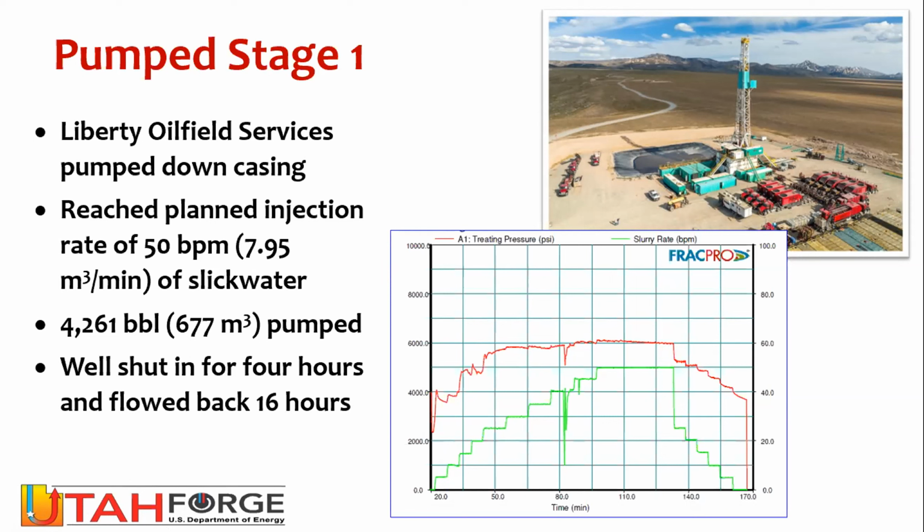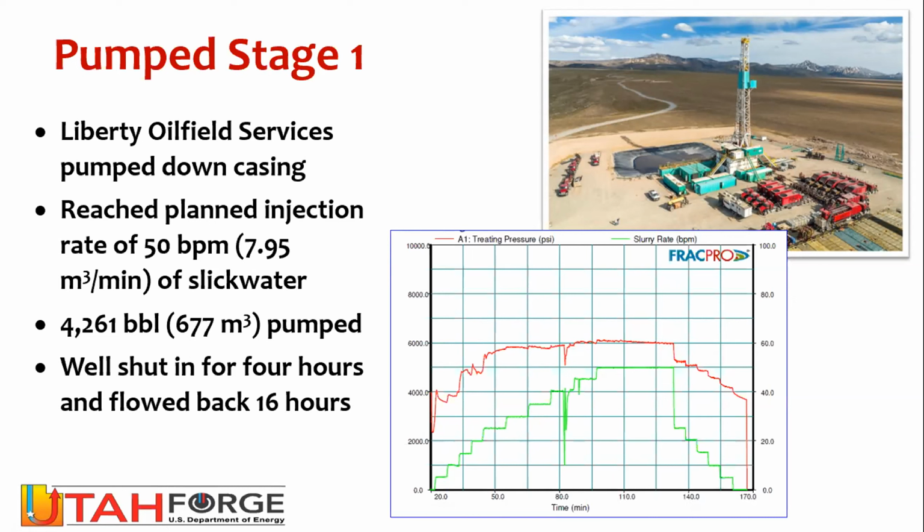You can see from the surface pressure that after about 50 or 60 minutes, the surface treating pressure was relatively agnostic to the rate. This well was shut in for a brief period of time. Our goal here was not to do DFIT type measurements, but to carry out these treatments.